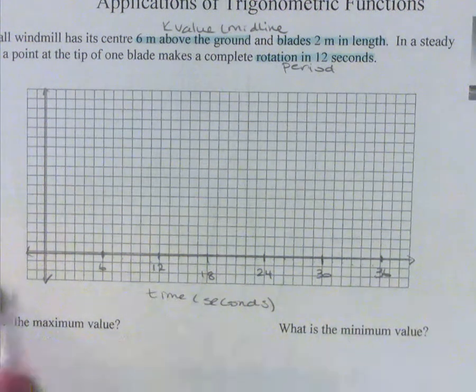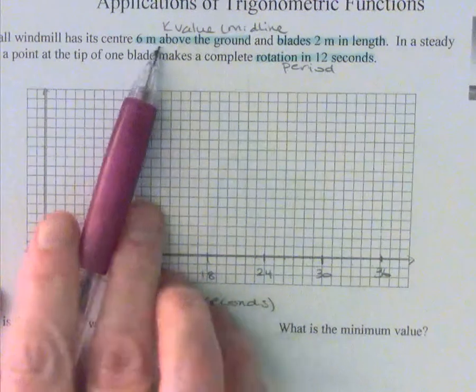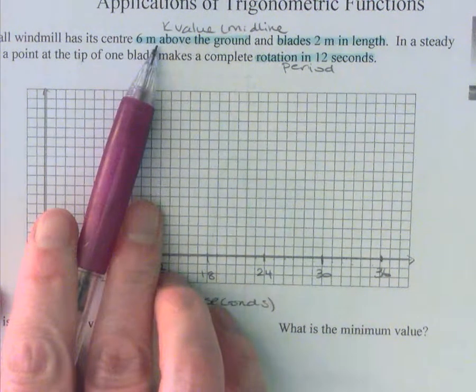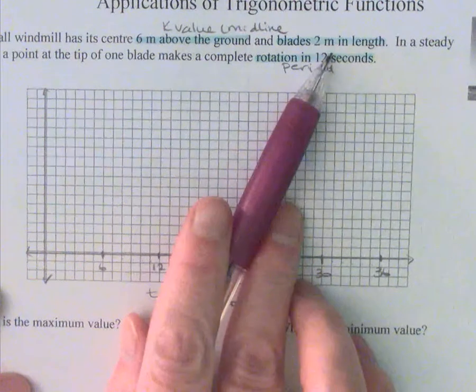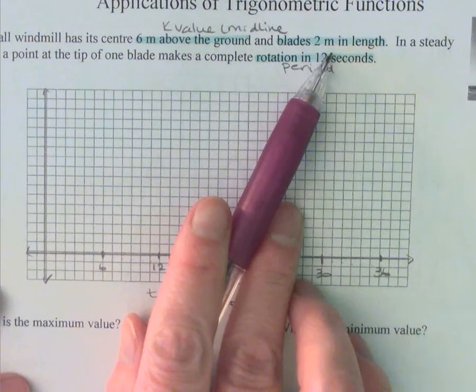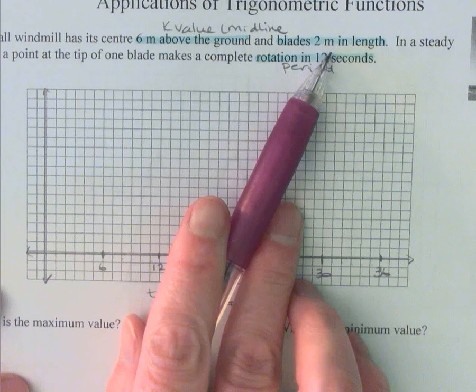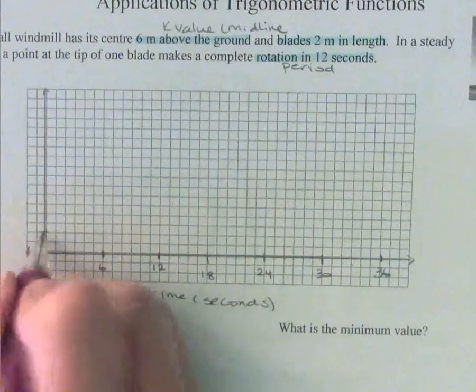Now I'm going to go up for my height. My midline's at 6 meters. My blades are 2 meters in length, so that's going to help me find my maximum and my minimum. The maximum will be 2 meters above that, and the minimum will be 2 meters below that. So I'm going to go up probably by ones.